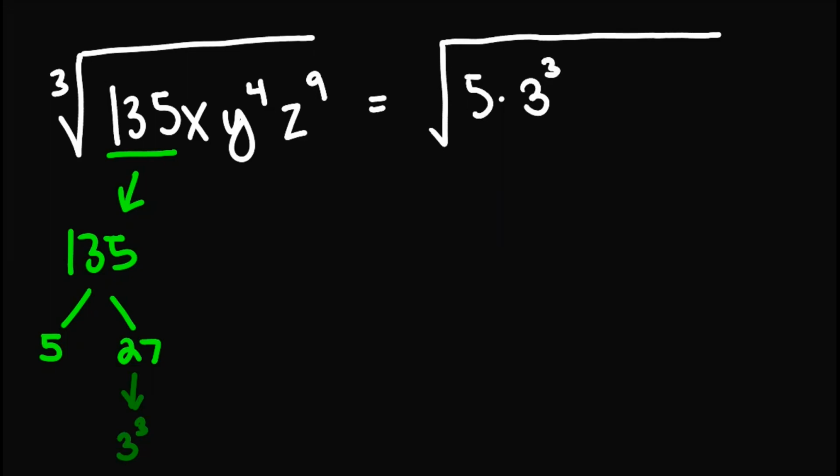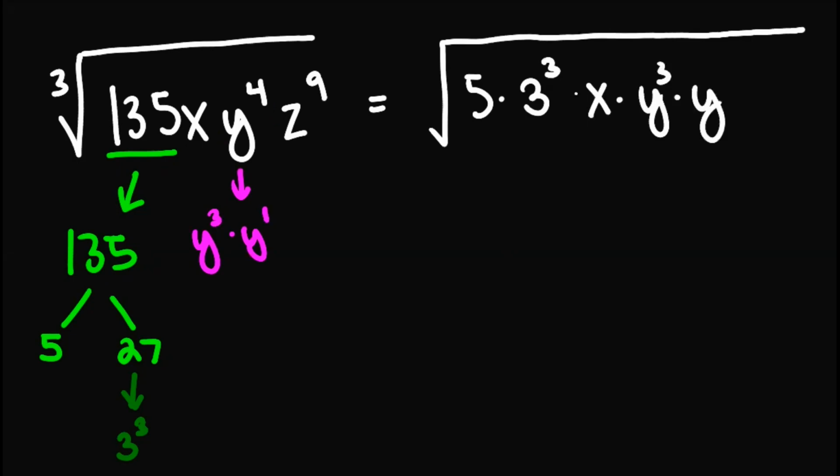Then for x, since we can't really factor that one out, we just copy x. For y, note that y raised to 4 can be written as y raised to 3 times y raised to 1 by laws of exponents. So we have here y cubed times y.